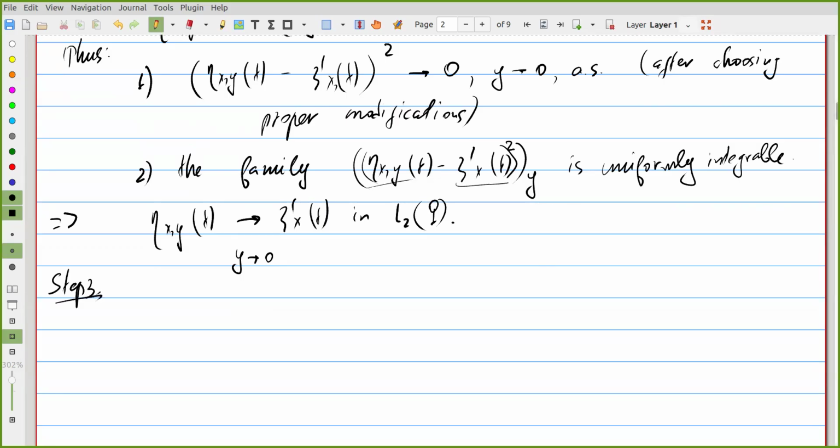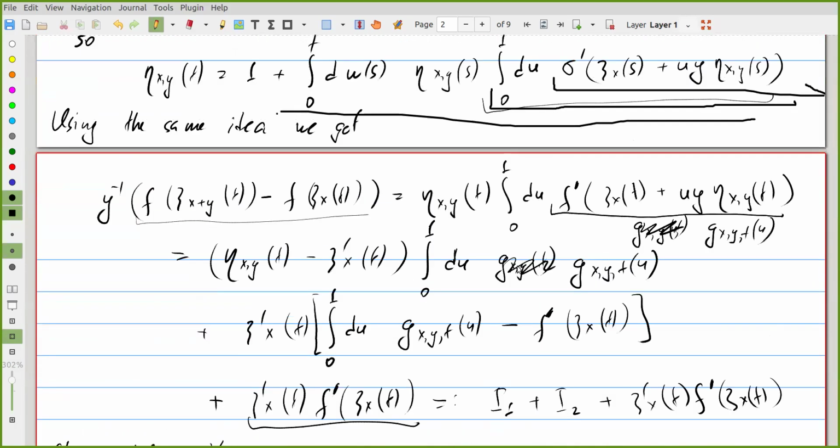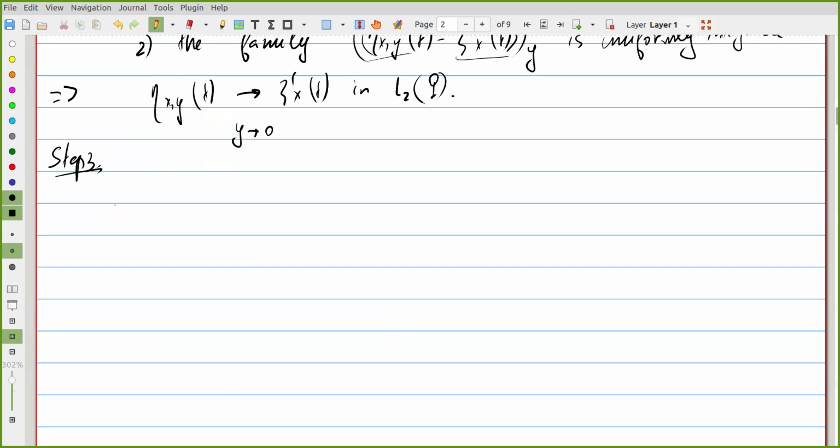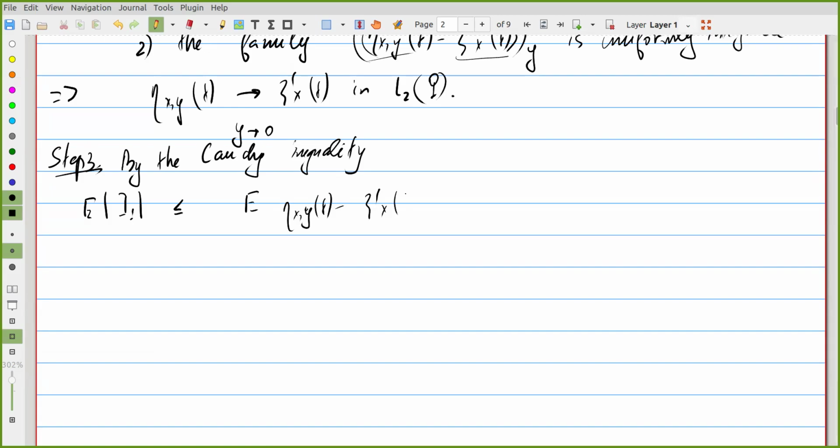Step 3, we will return to I1 here and I2. So by the Cauchy inequality for I1, we get the mathematical expectation of eta xy t minus psi prime x of t squared, to the power 1/2.